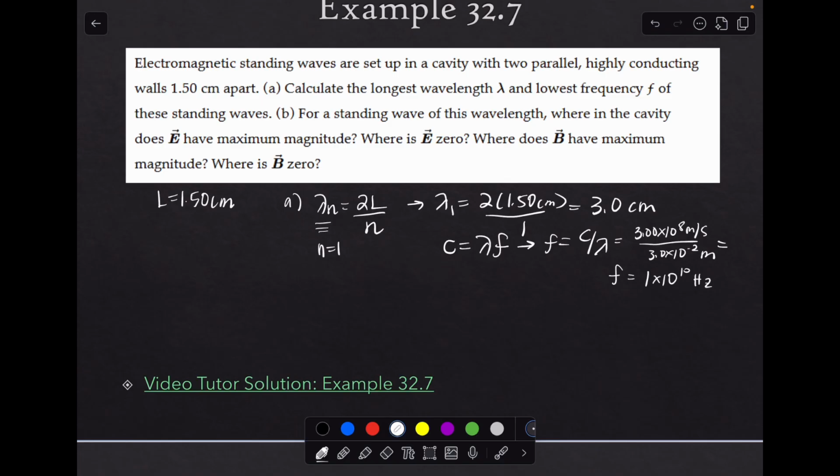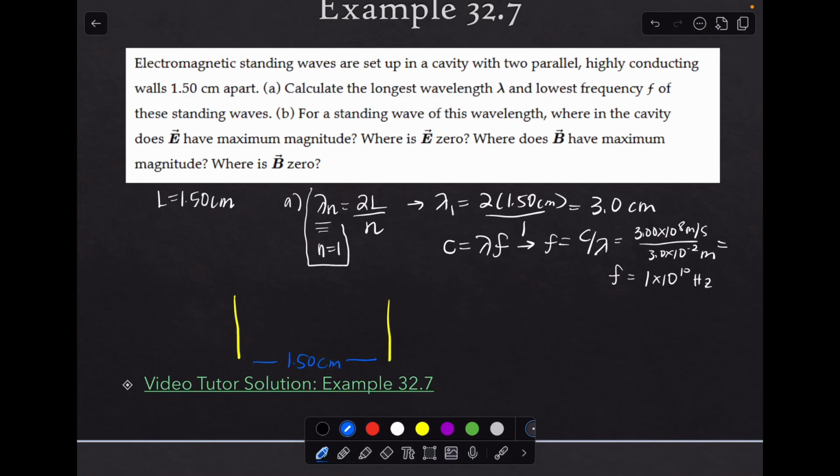So for this standing wave where n equals 1, where in the cavity does E have a maximum? Where is E 0? Where does B have a max? And where is B 0? So let's draw our cavity. Here's our cavity. It's 1.5 centimeters, not drawn to scale.